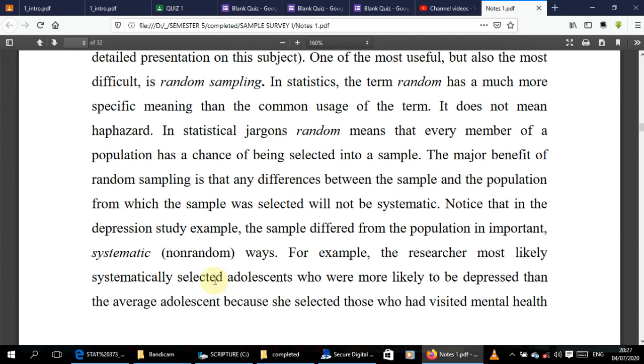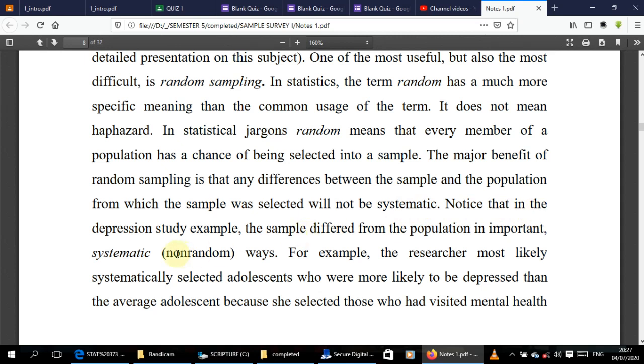So the major benefit of random sampling is that any difference between the sample and the population from which the sample was selected will not be systematic. That means anything that will happen will not be because somebody caused it. Okay, it will happen by chance.